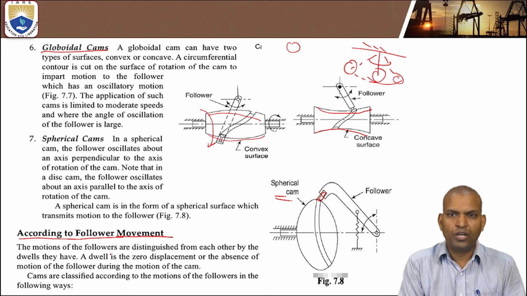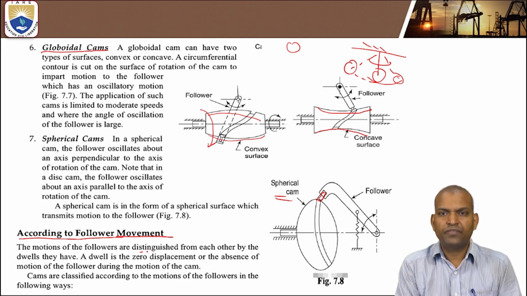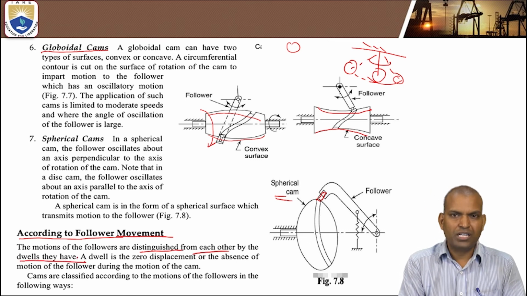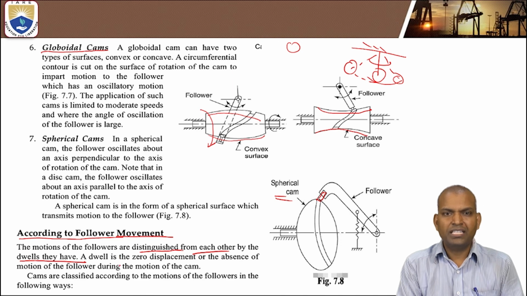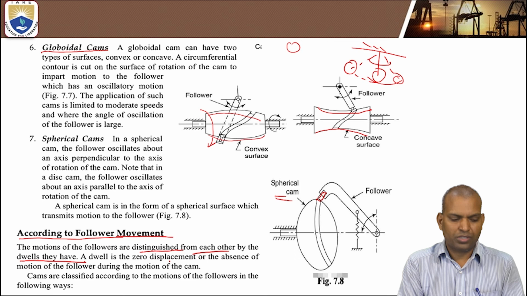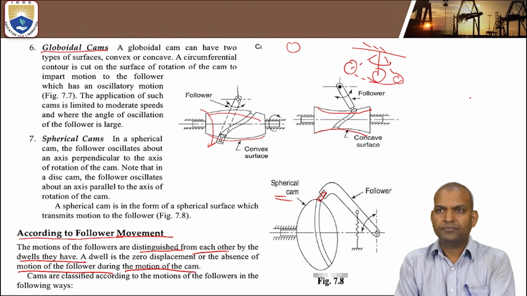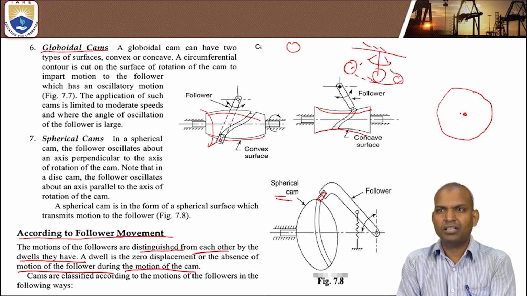Here the motions of the followers are distinguished from each other by the dwells they have. What is this dwell? A dwell is a zero displacement, or the absence of motion of the follower during the motion of the cam. Let me explain. Suppose it is a circular arc cam. The radius remains constant.